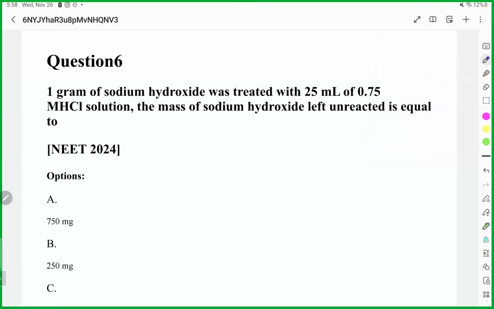You have to. So Jordan, I get 250 milligrams. You get 250 milligram. Yes, option B, I think.